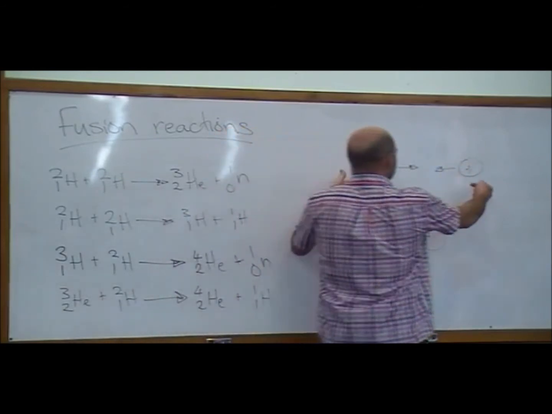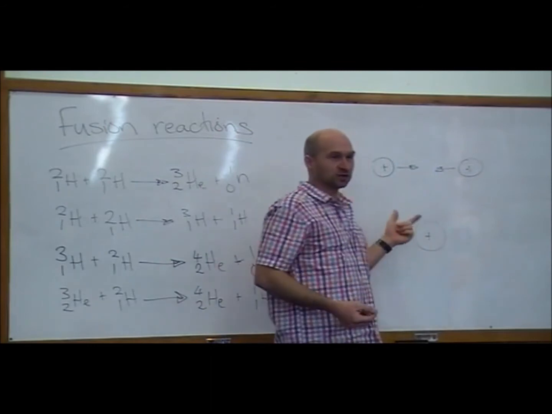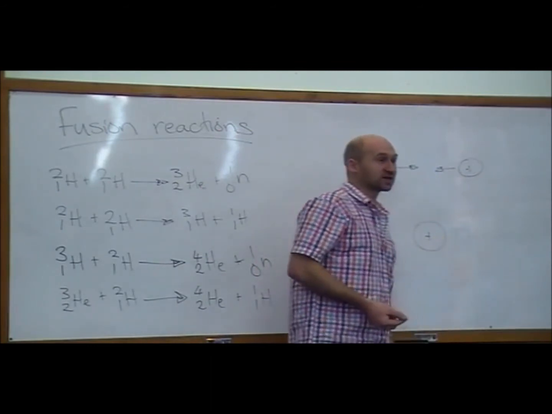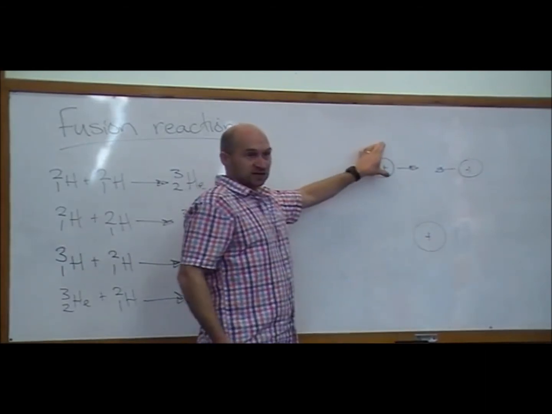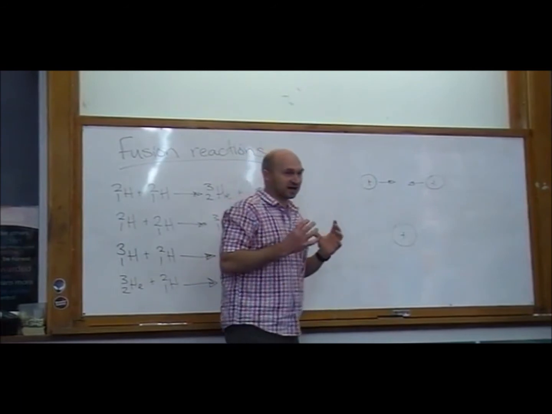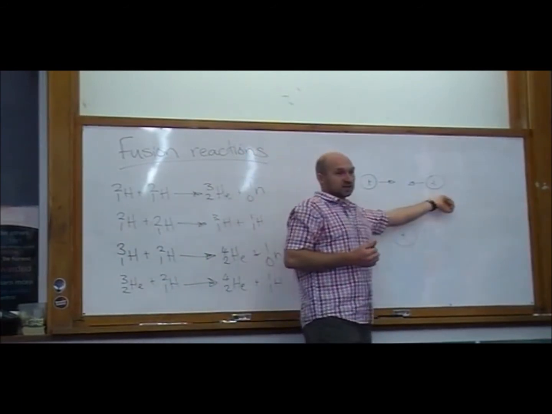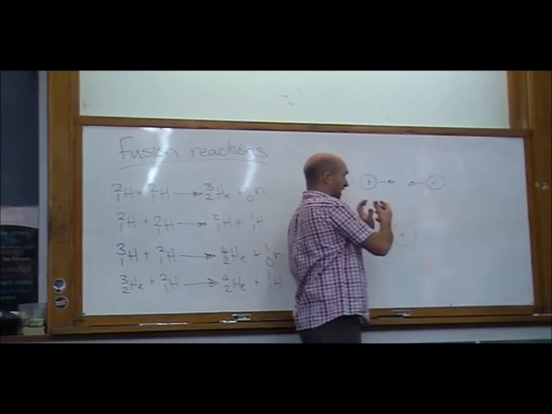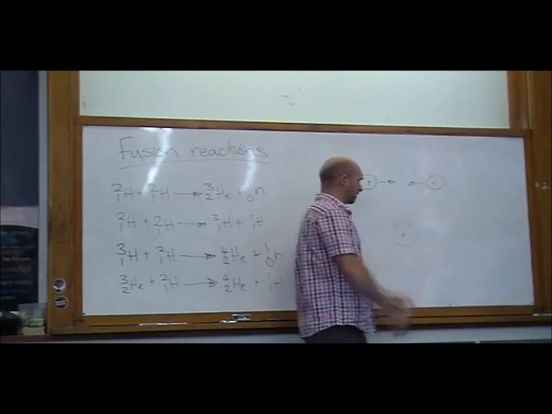We have to get them touching in order for them to actually react and form a new, larger nucleus. The really high temperature inside the sun is what gives these reactant particles enough kinetic energy to crash into each other.